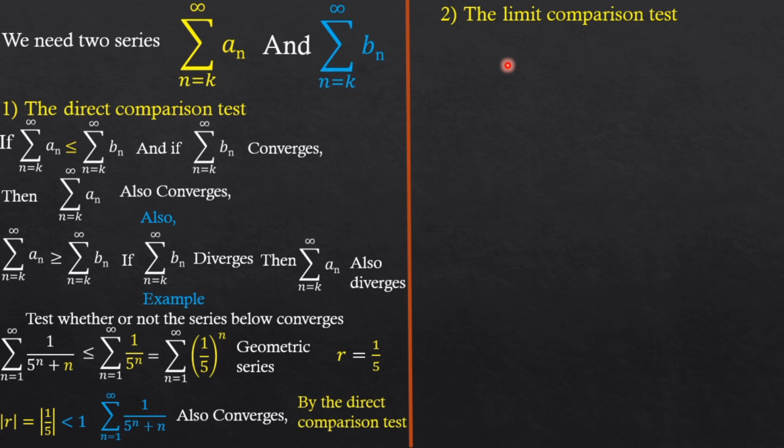Again, in a similar manner, we need a series such as the sum from n equal to k to infinity of an. Our goal is to test if this series converges or diverges.